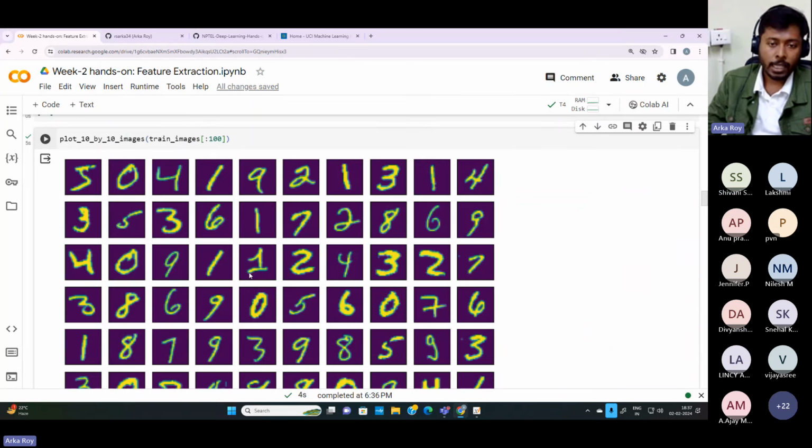Someone writes one like this. However, this is also one. So you can see this data set contains very heterogeneous data. That means intra-class variability is high. If you consider one as a class, in one class you can see different shapes of one.